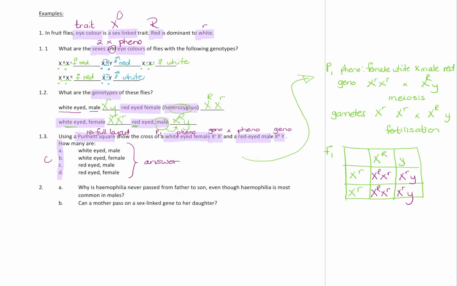So we now have the genotype of the F1 generation, and that is 2 big XR, X small r, to 2 X small r, Y, and analyzing that, we have 2 females with red eyes to 2 white-eyed males.